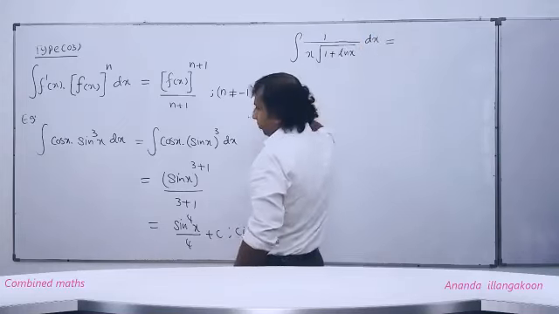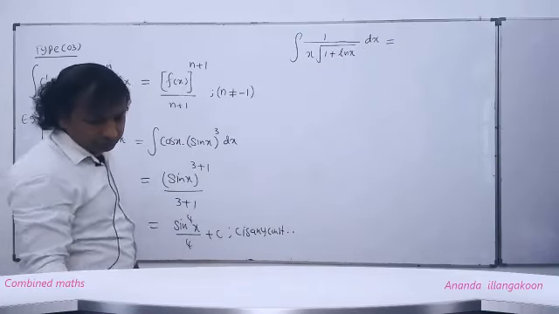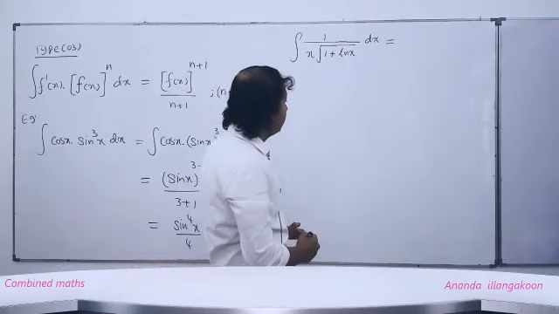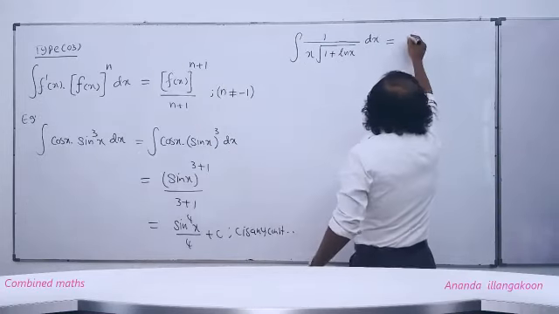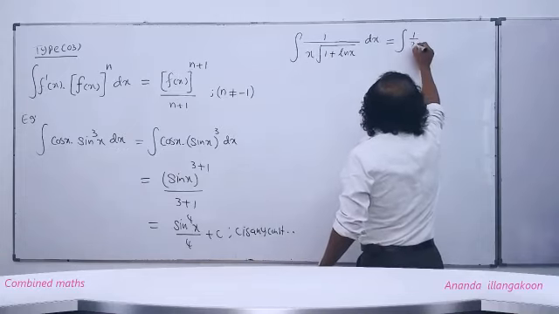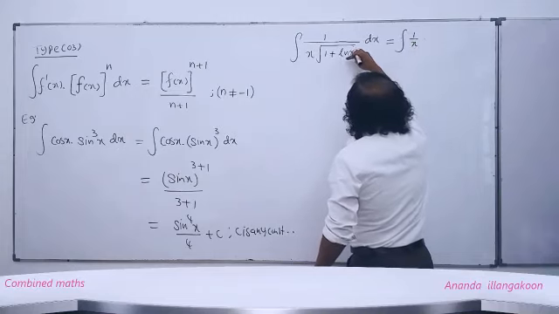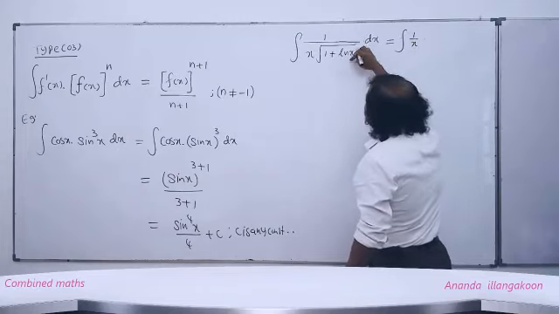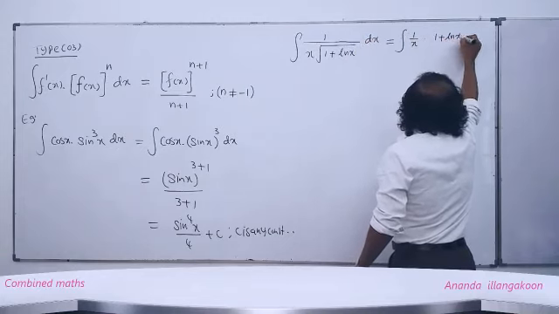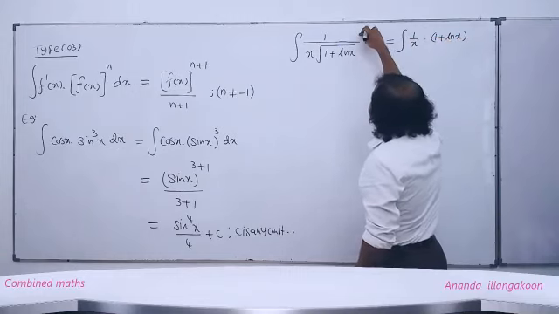Take this answer. You can write this way, people. This is 1 upon x, no? This 1 plus ln x root means power half, no? Take it to the numerator.